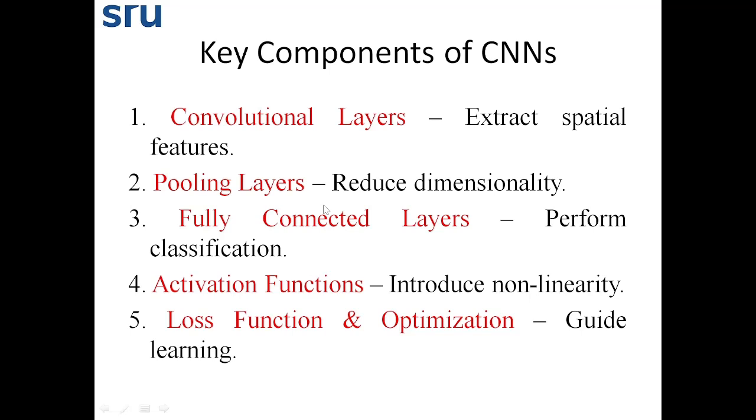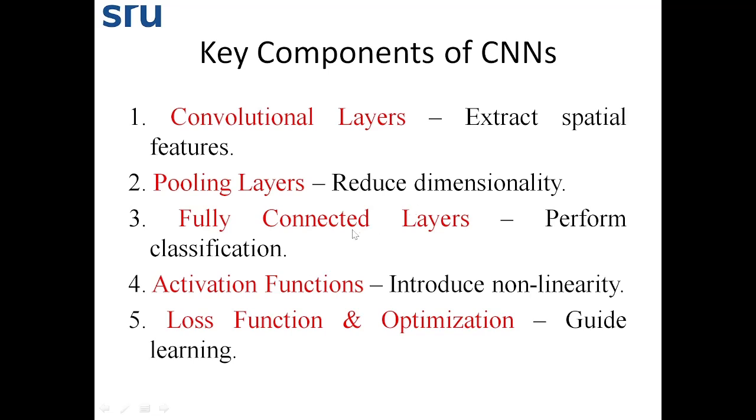Therefore, the pooling layer is used for reducing the dimensionality in the model. Once the dimensionality of the model gets reduced, it increases the training capability of the model, and the error between the predicted and the measured or true value decreases.